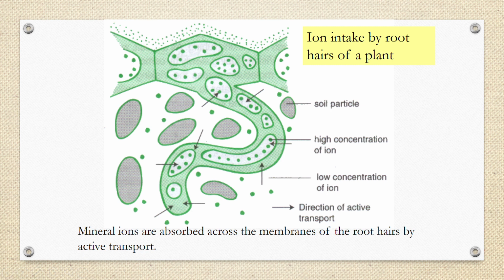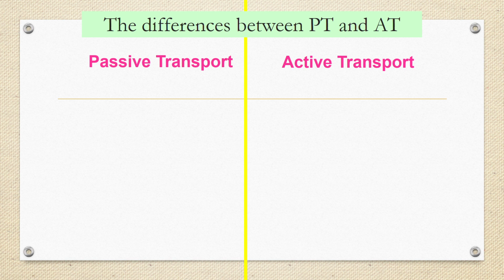Okay, so by the use of energy, at the expense of energy, mineral ions can be absorbed across the membranes by the root hair cells by means of active transport. Okay, can? Now, let's compare and contrast the difference between passive and active transport.